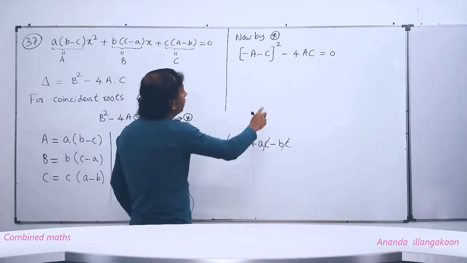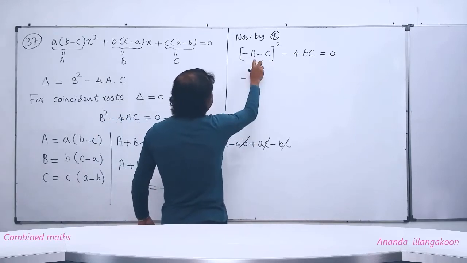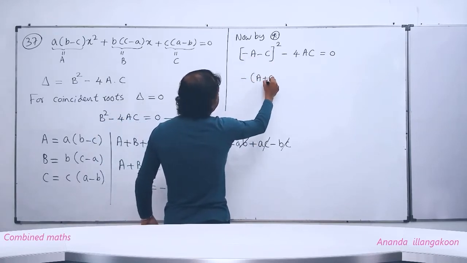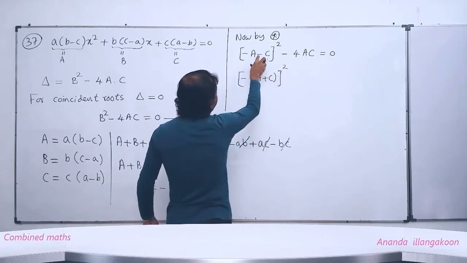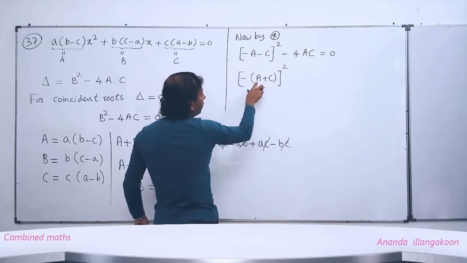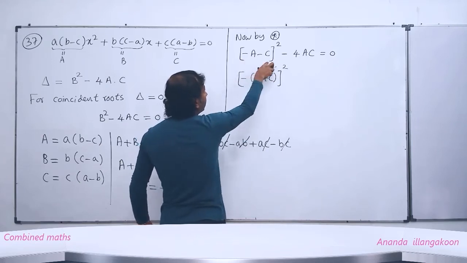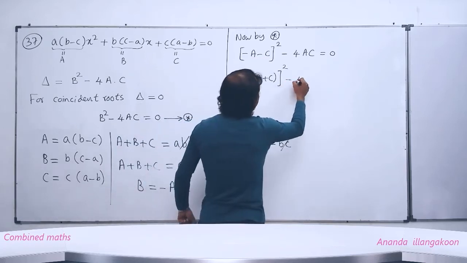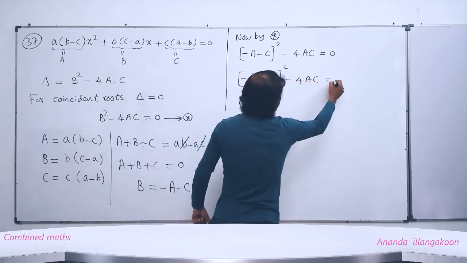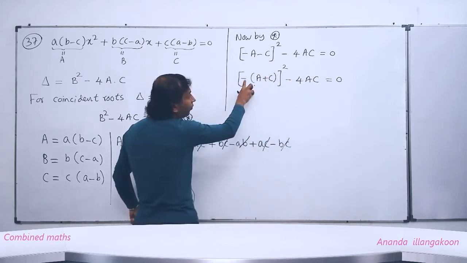Now, here we can take the minus sign out with a bracket, and I can write it like this. This is the minus sign I took out from a bracket, but still that minus sign is inside this square bracket. Now minus 4AC equals 0.